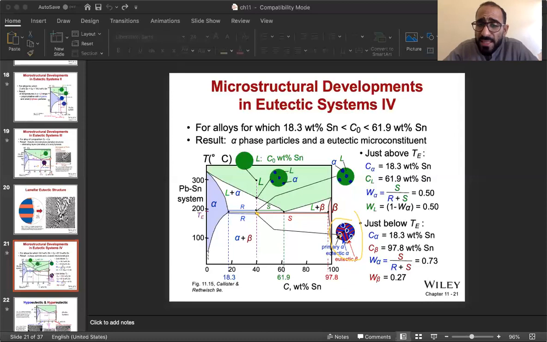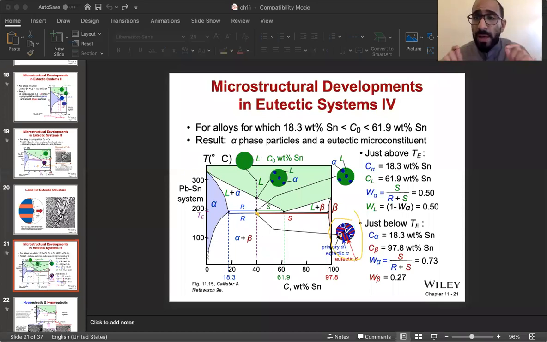This alternating layer is the result of liquid solidification below the eutectic temperature. And these spherical regions over here are the primary alpha that's already formed before the eutectic temperature.